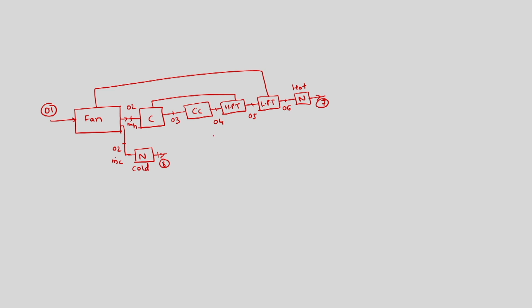And this is the representation of a turbofan engine. Knowing this, we can write down a few things which are given. We are given the overall pressure ratio, which is 23.